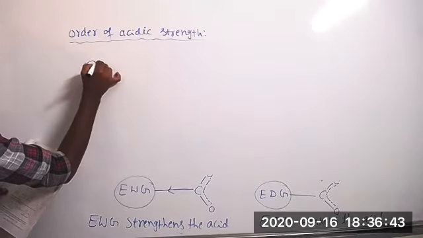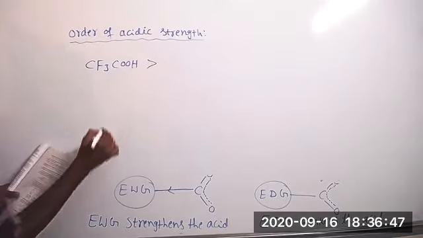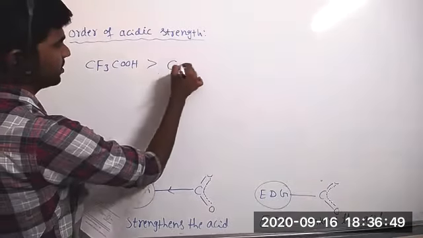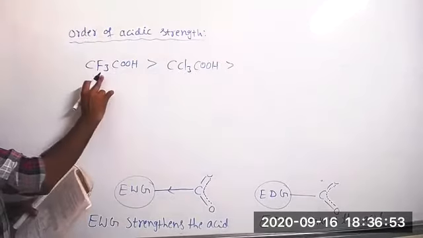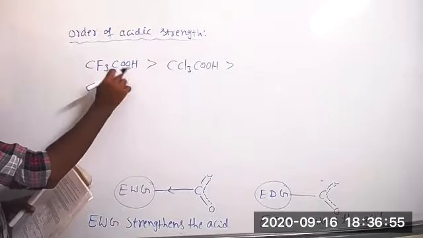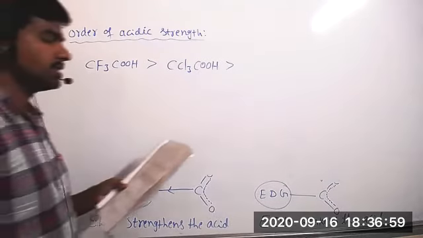The highly acidic substance CF3COOH is more acidic than CCl3COOH. You know fluorine is more electronegative than chlorine, no? So CF3COOH is more acidic than CCl3COOH, and then CHCl2COOH.